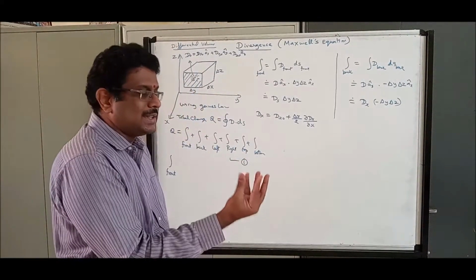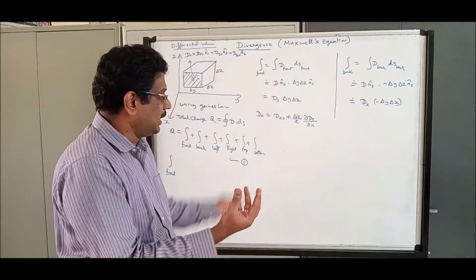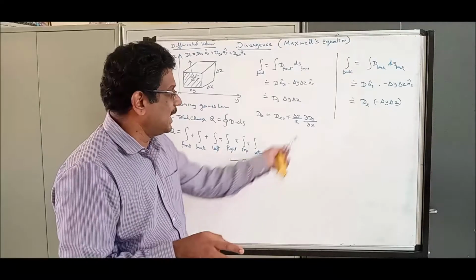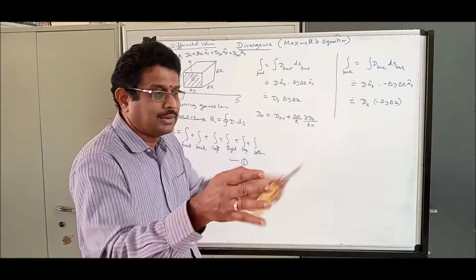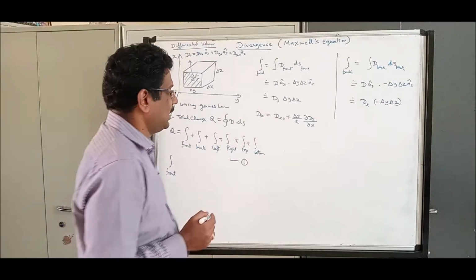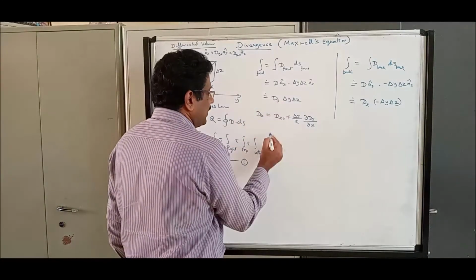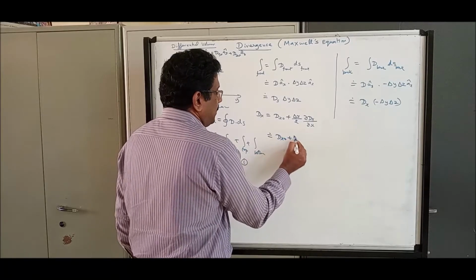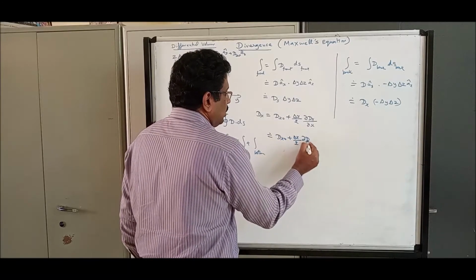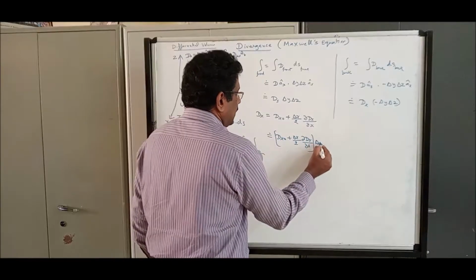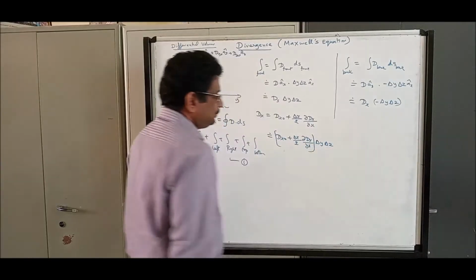So, the initial fountain water Dx0 has a variation in the x direction, ∂Dx/∂x, for the distance of delta x by 2. Okay, this is the general form. If I substitute this Dx, the result will be (Dx0 plus delta x by 2 ∂Dx/∂x) into delta y delta z.